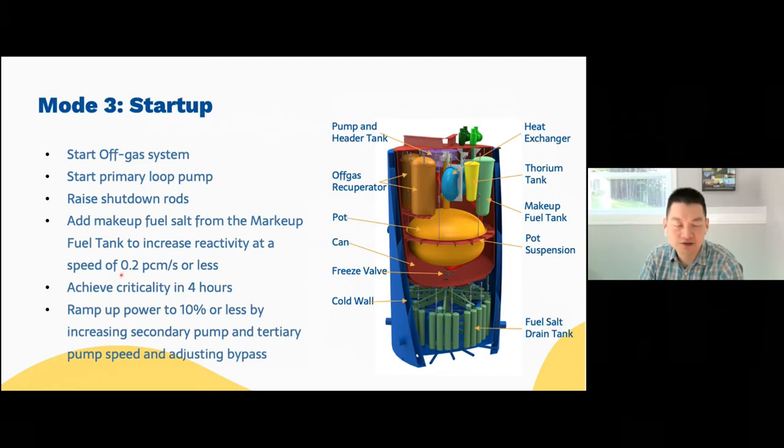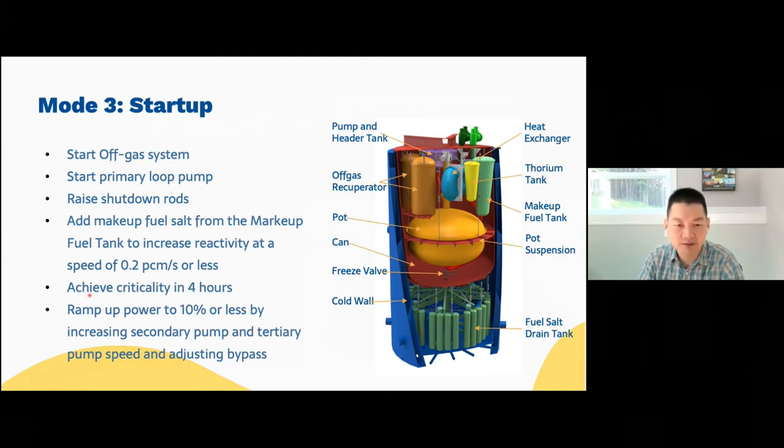We're limited to 0.2 ppm per second or less. So slowly, the system will approach criticality, and eventually it will reach criticality. The whole process will likely take 4 hours.